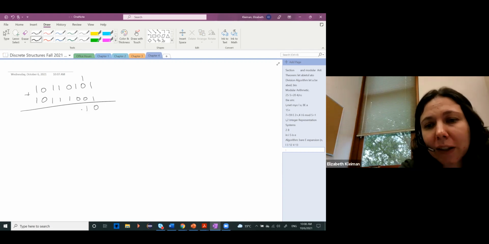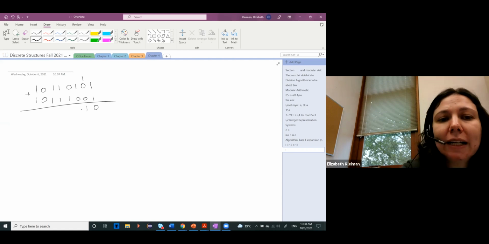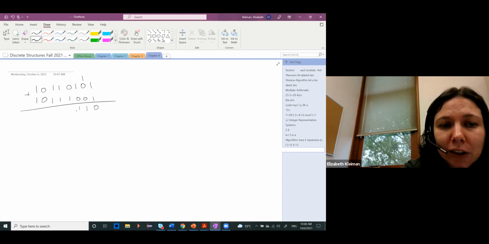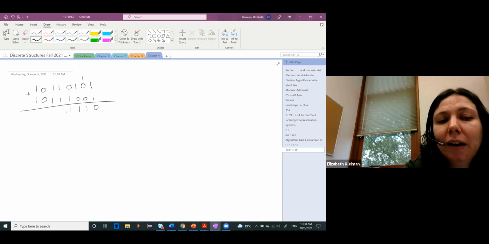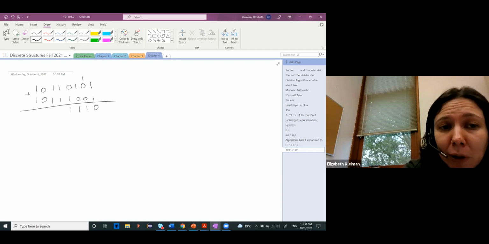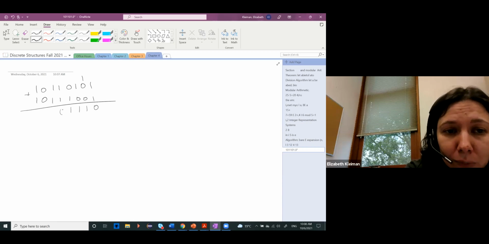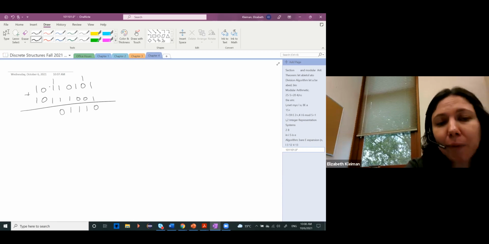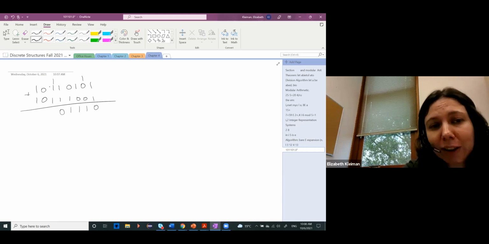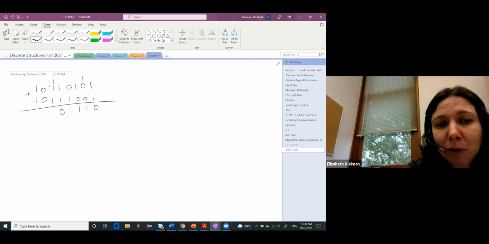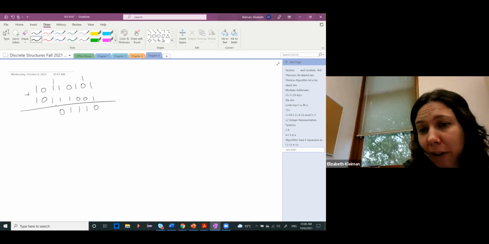So now I need to add together 1 and 0. So I'm going to put 1 here. Then we do 1 plus 0, which is 1. And then we do 0 plus 1, which is still 1. And now things get complicated again because 1 plus 1 is 2. So I need to put in 0 and remember 1. And now this is where things get even more complicated because I have 3, correct?